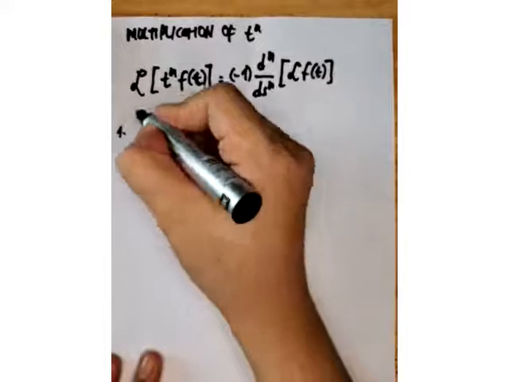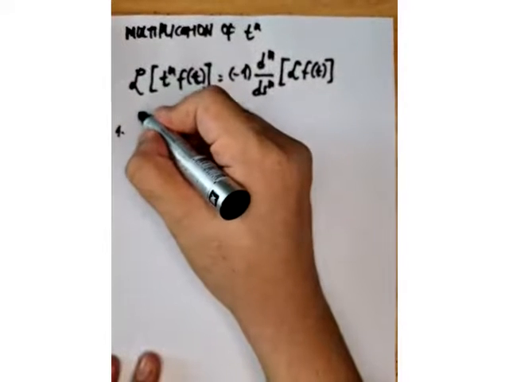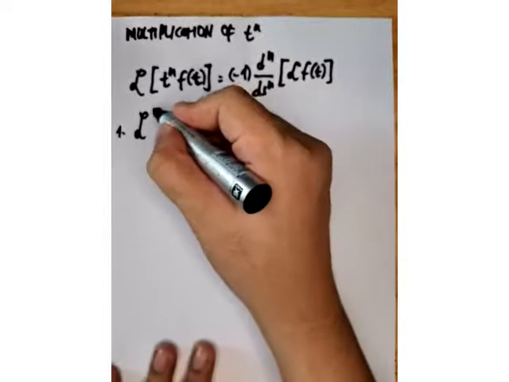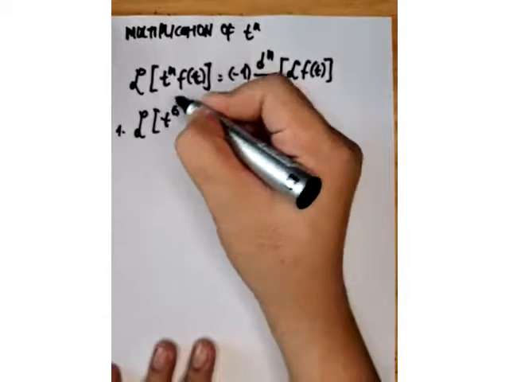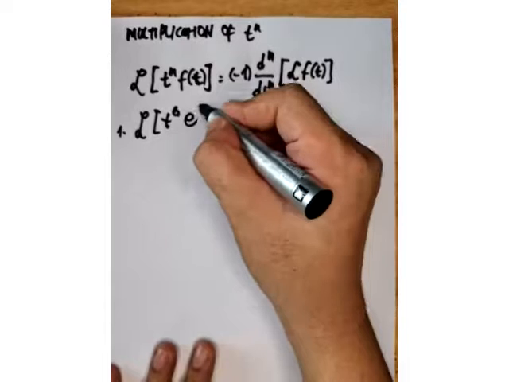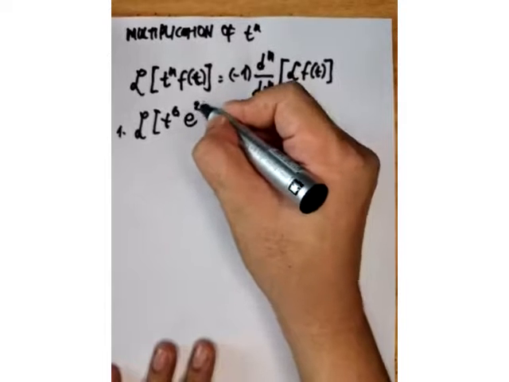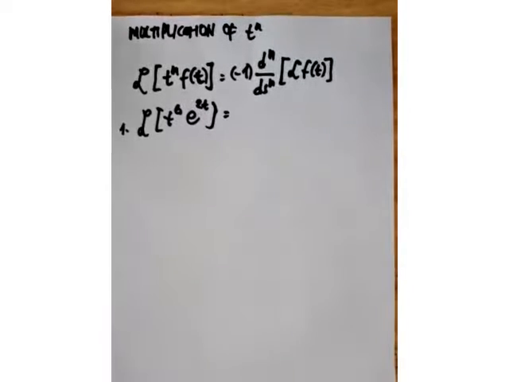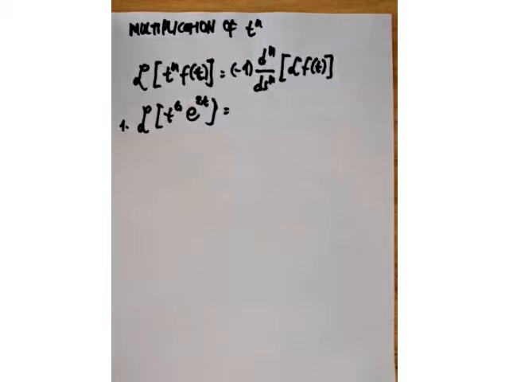So, find the Laplace transform of our earlier example: t raised to 6 and then e raised to 2t. It's just reversed. Class, when you have an example like this, there are two possible methods: either the shifting theorem or the multiplication of t.